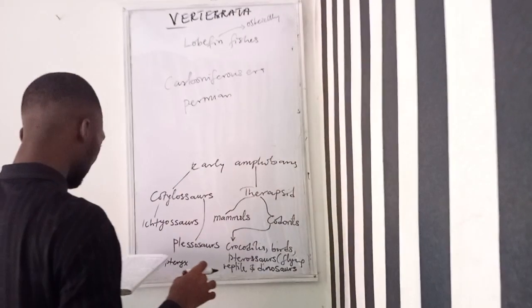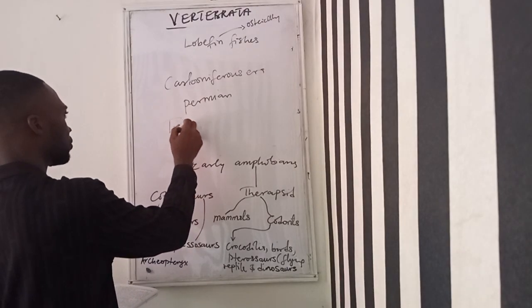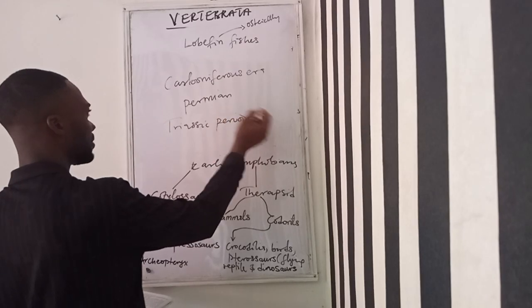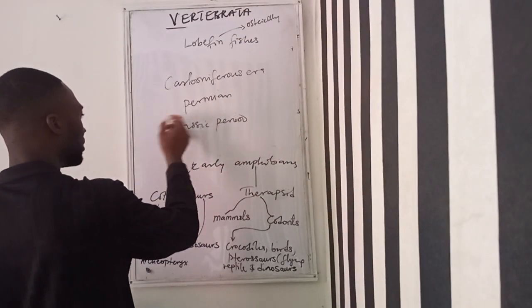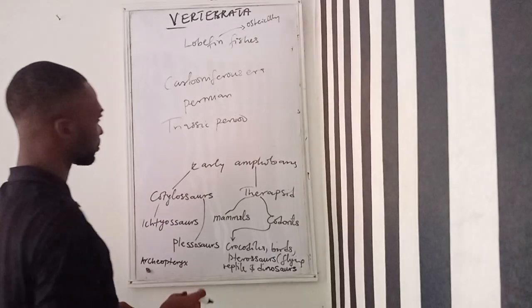Also towards the beginning of the Triassic period of the Mesozoic era. I've explained all these periods to you, just talking about the different years at which some of this evolution occurred.